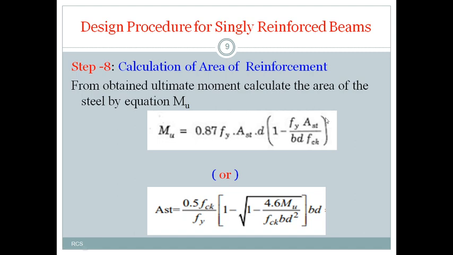To avoid that calculation, just simply substitute the values of FCK, Fy, Mu, B and D in this equation, and directly we will get the AST. From both equations we get the same answer. This AST calculation is a modified version of this equation, nothing changed.